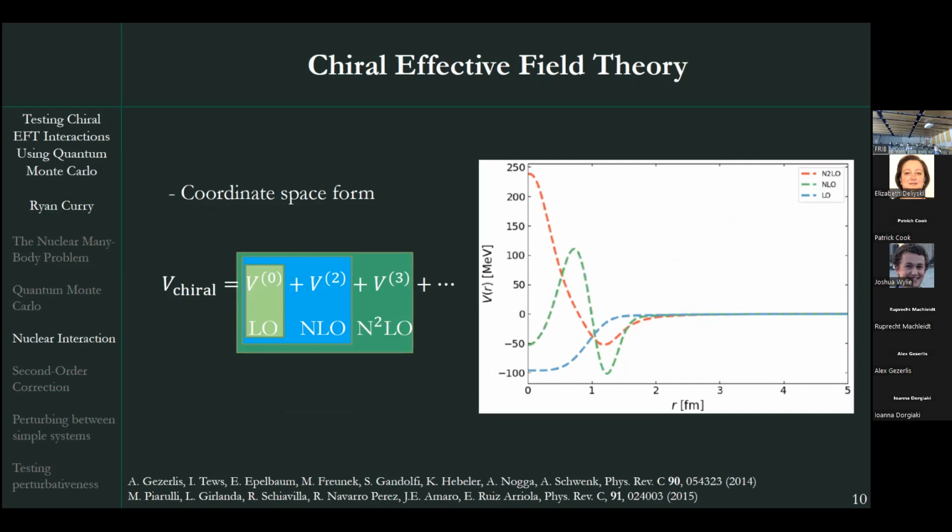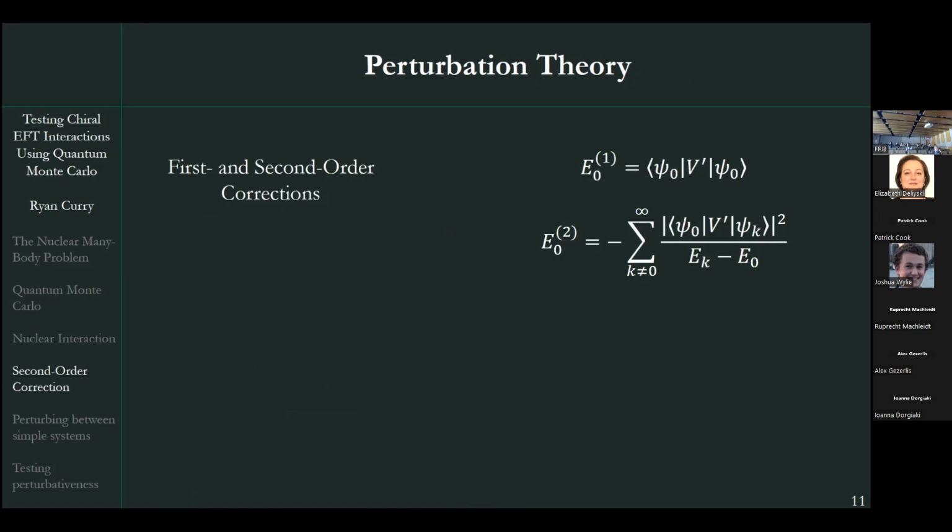Similar to the momentum space versions, they have leading order terms, next to leading order terms, next to next to leading order terms. I'll come back to this, but we're really going to check: is it really a perturbative expansion? It's not a widely studied problem, how perturbative they are, especially in a quantum Monte Carlo context, and I'll try and explain why it's a difficult problem to deal with.